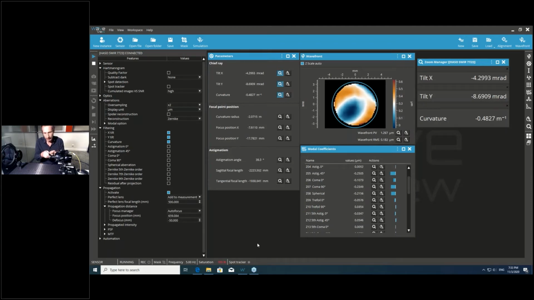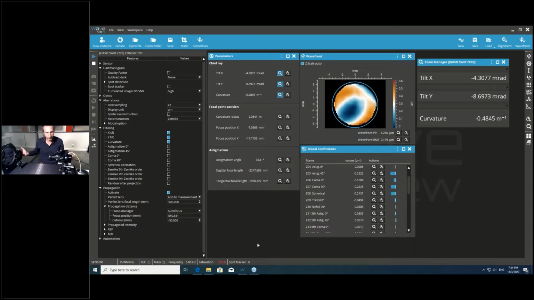So the light is focalized at the focal length of this lens, and then the light is collimated by this lens on this mirror. It's coming back, and the light and the aberration are measured by the HASO4 sphere here.